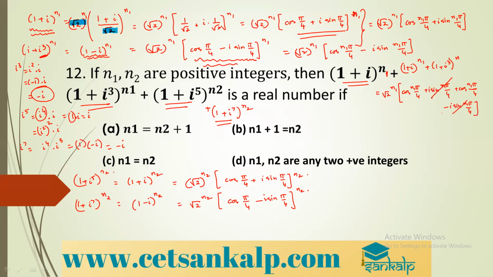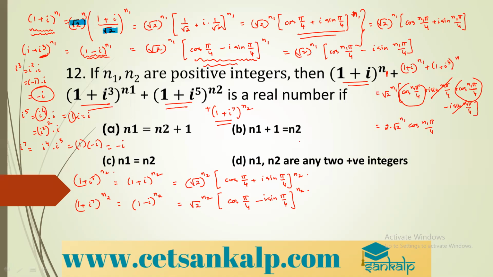So these two will cancel. You will have 2 times root 2 power n1 cos n1 pi by 4, because only cos n1 pi by 4 two times is there. This is what we have.